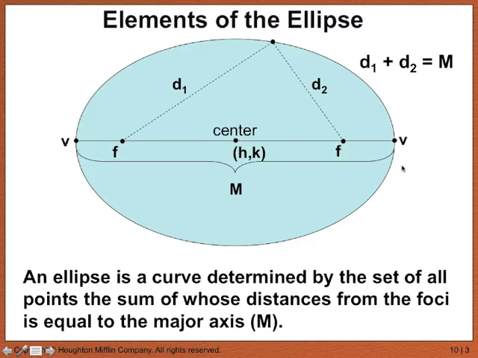This happens to be a horizontal ellipse. We're also going to learn about vertical ellipses. I've labeled the major axis M, capital M. The center is at coordinates (h, k). The foci are labeled with F, and of course d1 and d2, which added together equal m, the major axis.